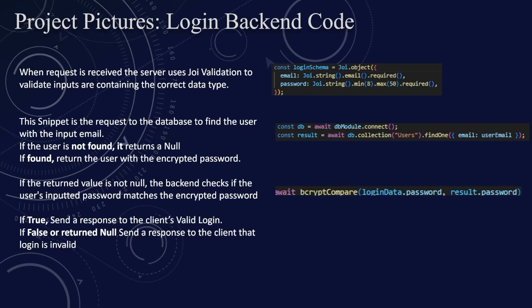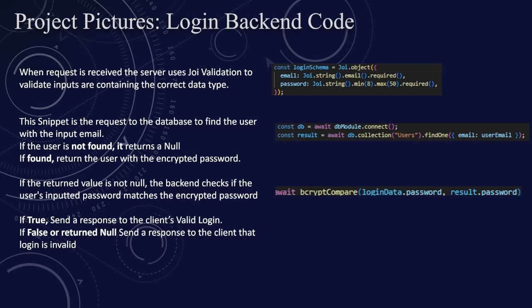The second picture is part of how the database is set up for the login. You'll see it connects to the database with my database middleware that I have set up. It searches through the users database on Mongo for a user with the email that was specified by the user.